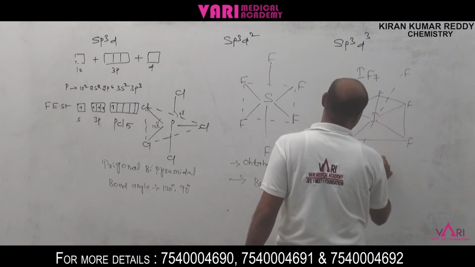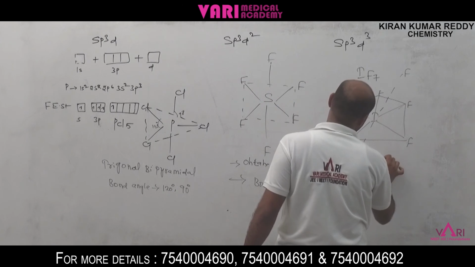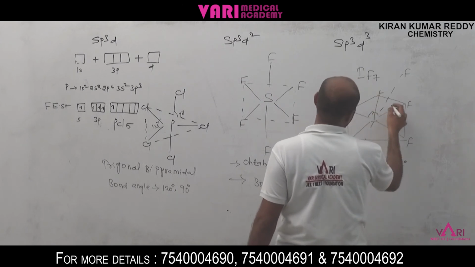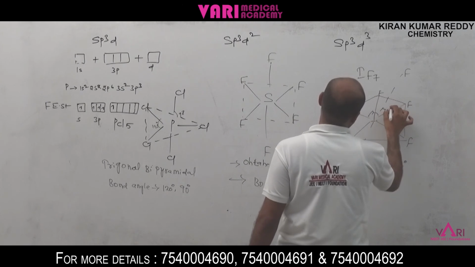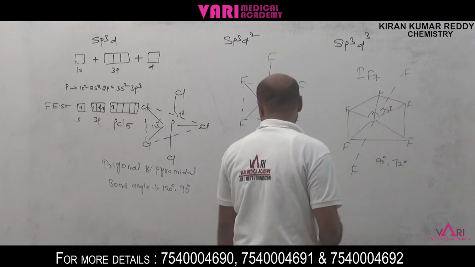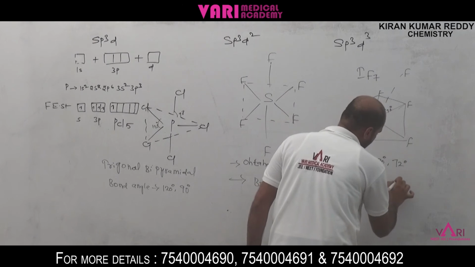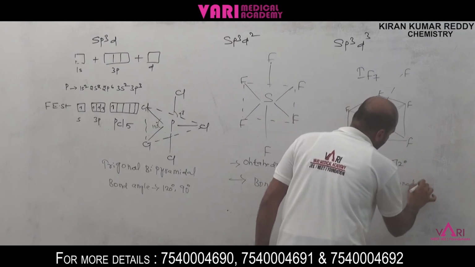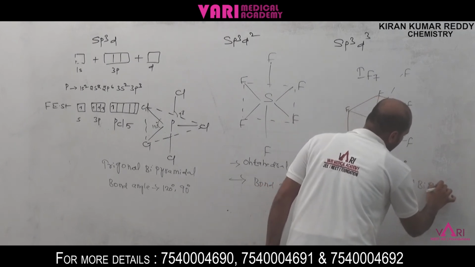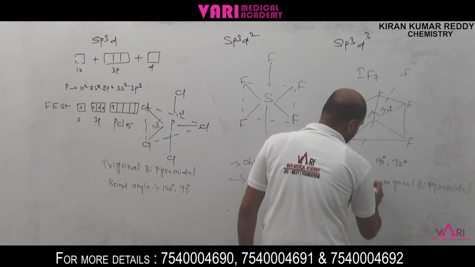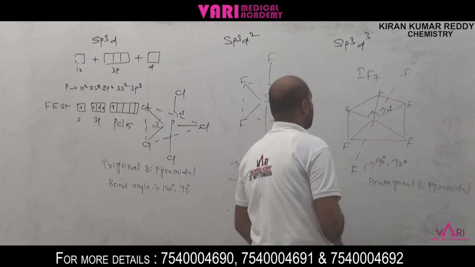There are two types of bond angle: 90 degree and another one is the 72 degree. This is the 72 degree, and this one is the 90 degree. And geometry is pentagonal bipyramidal, and bond angle is 90 and 72 degree.